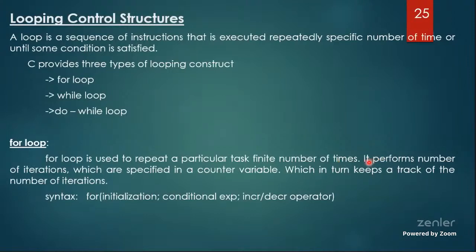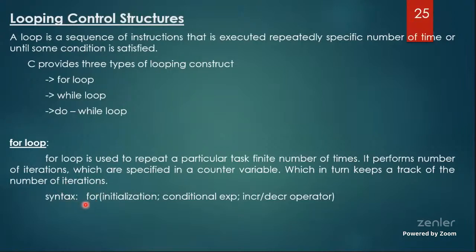Next, it performs the number of iterations which are specified in a counter variable. Like we will be using one counter variable, based on which you apply the logic of how to repeat, which in turn keeps track of the number of iterations. Let me explain the syntax first.